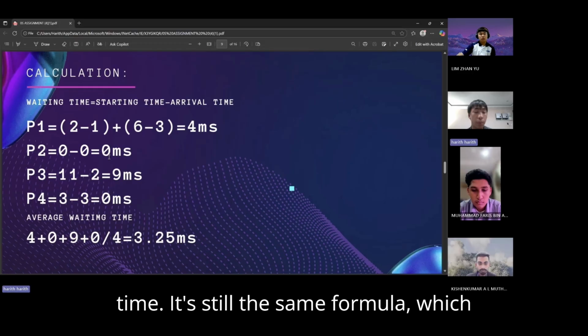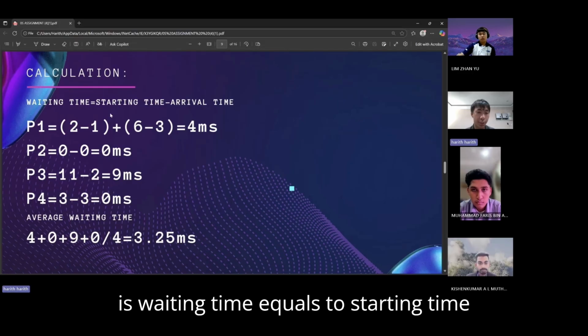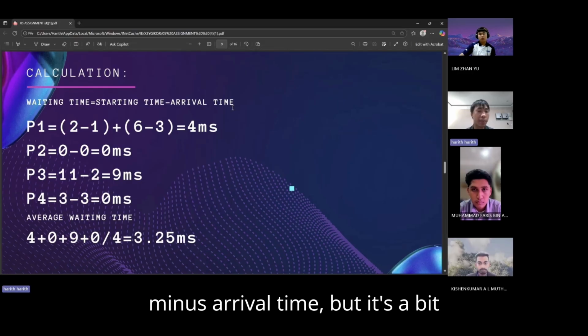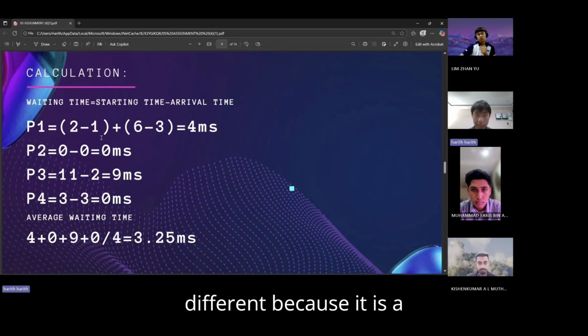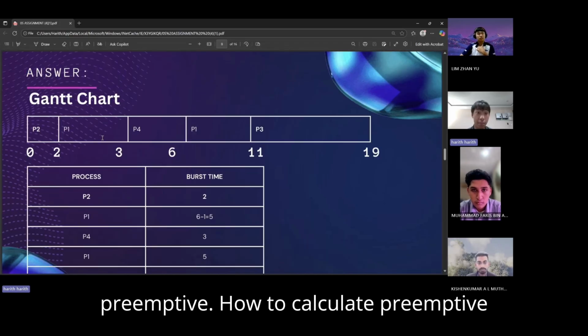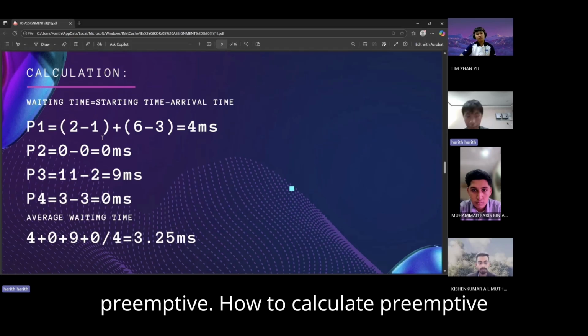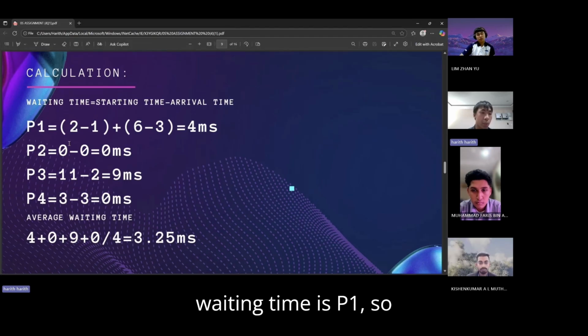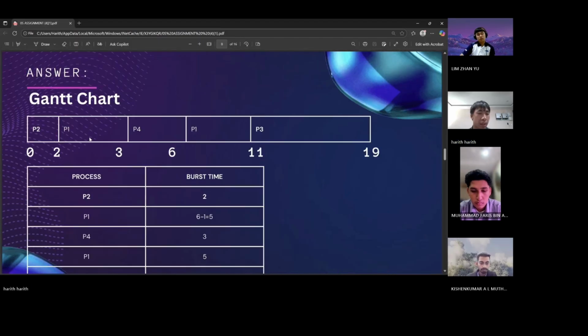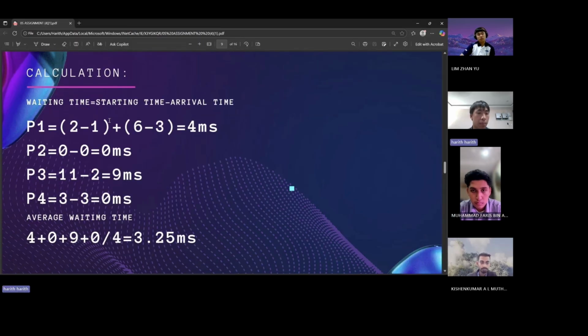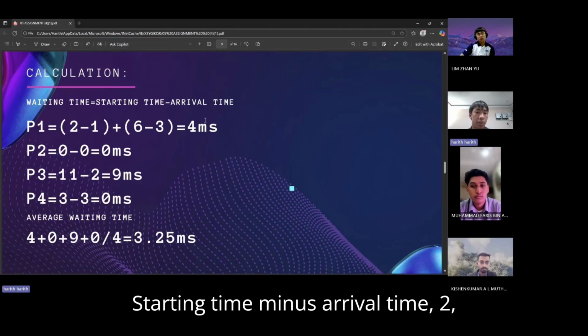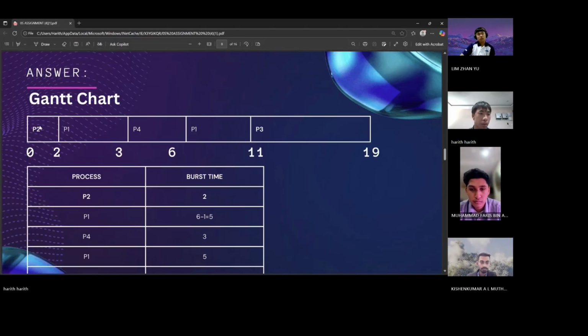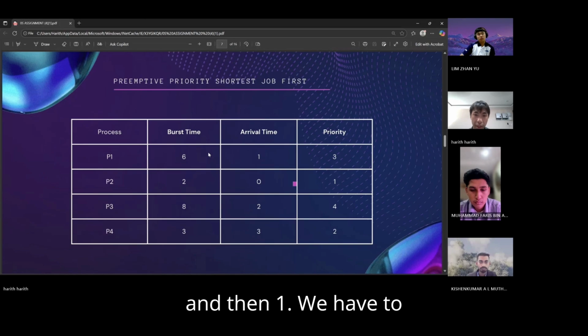It's still the same formula, which is waiting time equals starting time minus arrival time, but it's a bit different because it is preemptive. How to calculate preemptive's waiting time: for P1, starting time minus arrival time, 2 and then 1.